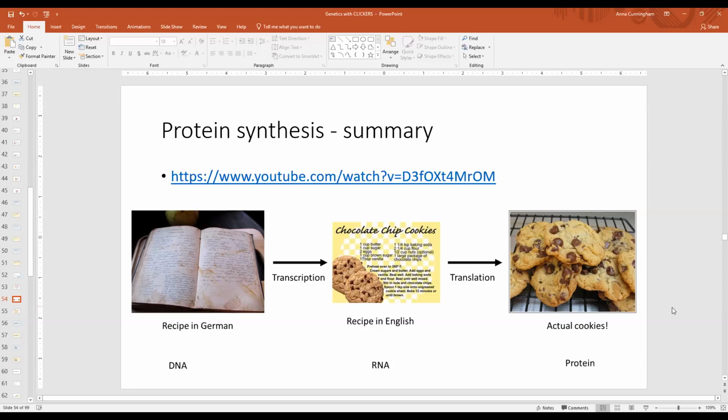Another analogy for why this is important: think about my great-great-grandmother's recipes that are in German, and let's say that you want to make one of those recipes. You're like, Dr. C, can I borrow your great-great-grandmother's cookbooks?